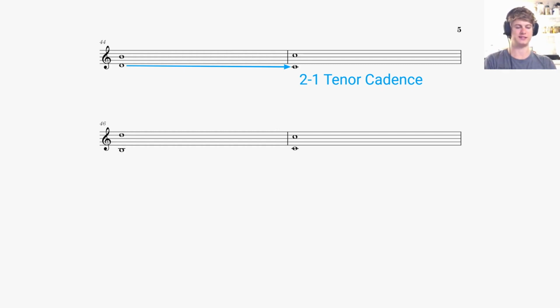Then in the top voice, the ascent from scale degree 7 to scale degree 1 is known as the soprano cadence. These 2 cadences are the smoothest options for a melodic closure, as well as being a part of the ending of many pieces during the common practice period.